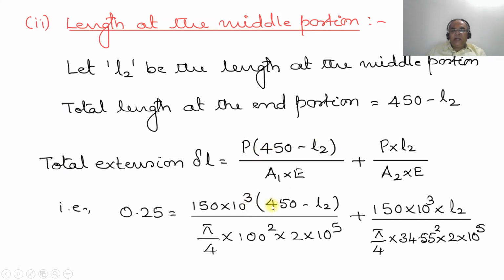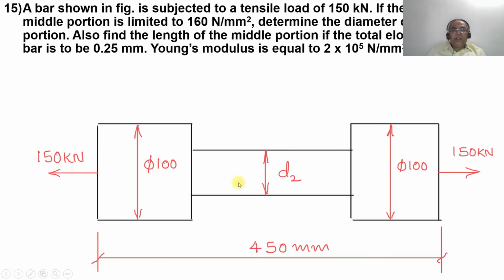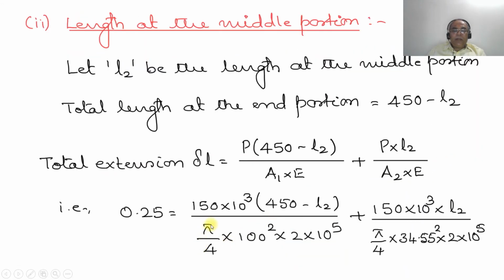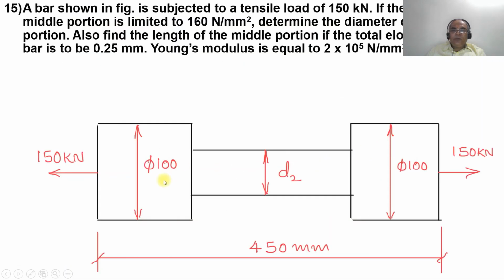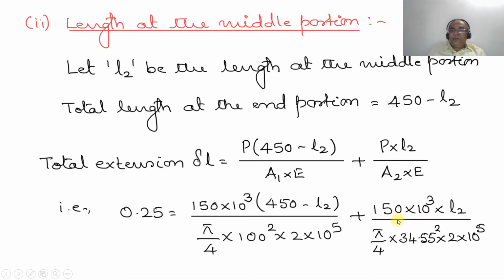The length at the ends is 450 minus L2 divided by pi by 4 into 100 square, because the diameter is given to be 100 and is uniform, into 2 into 10 to the power of 5, plus P is 150 into 10 to the power of 3, because the load is uniform throughout the area of cross-section.